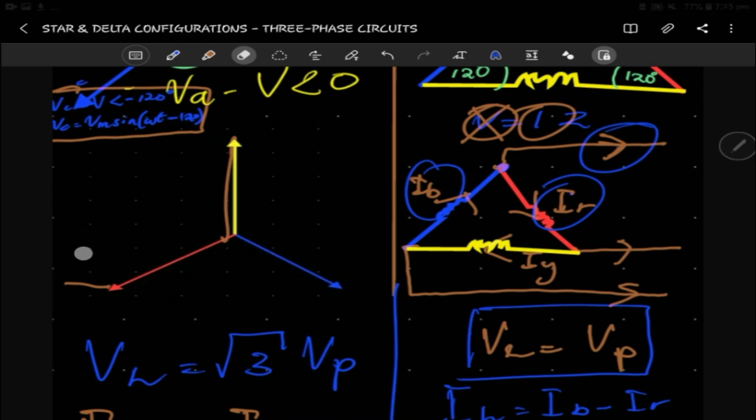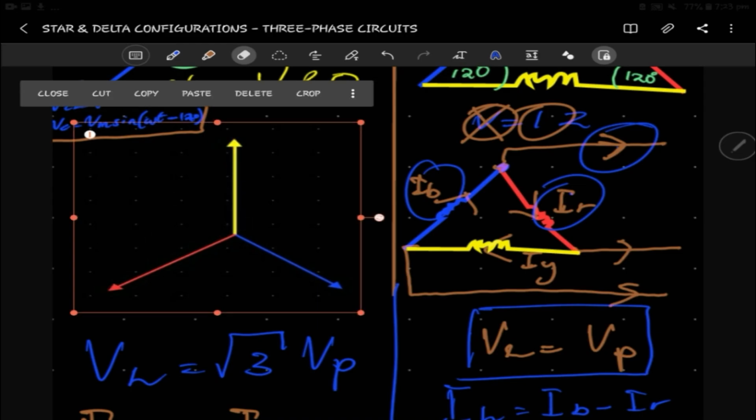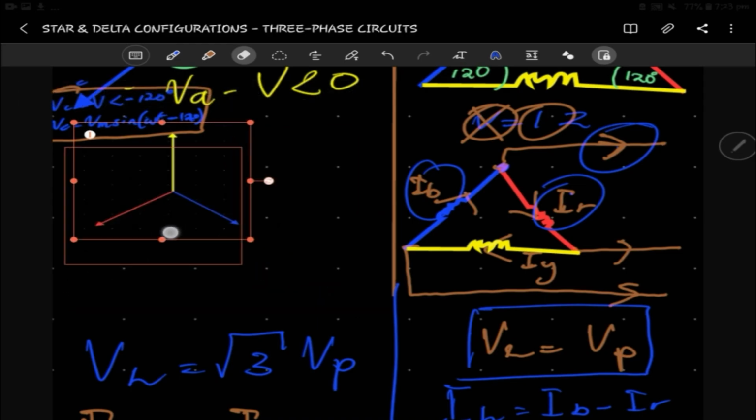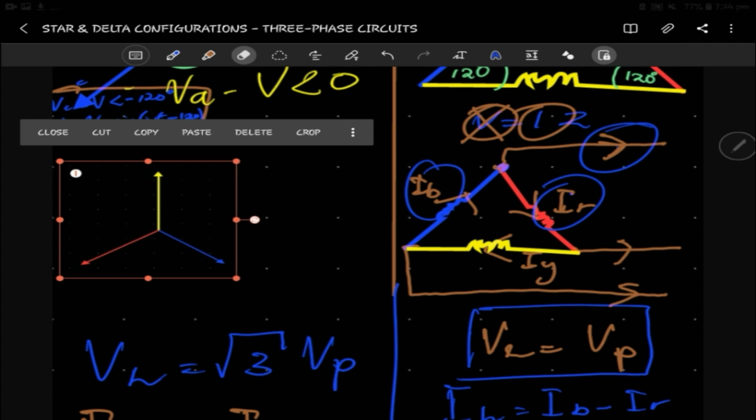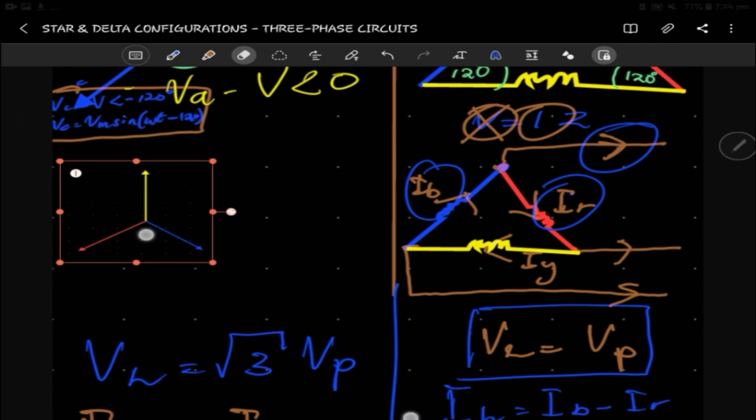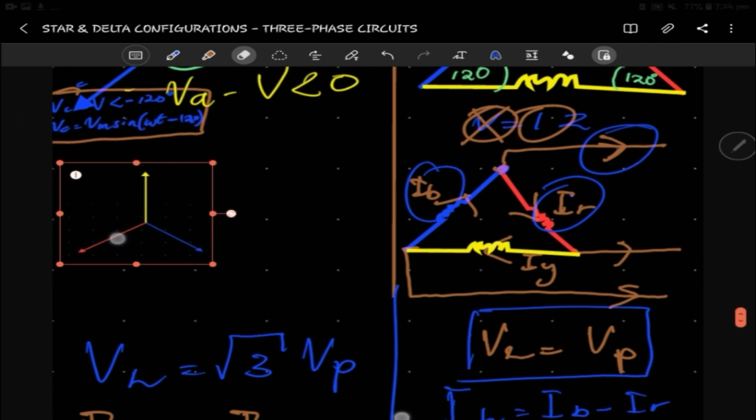Okay, let's bring it here. So when it comes to the voltage, we know that this has a phase voltage, but when we want to check the line voltage, that, as we said, is from the end of one phase to the end of another phase, right?